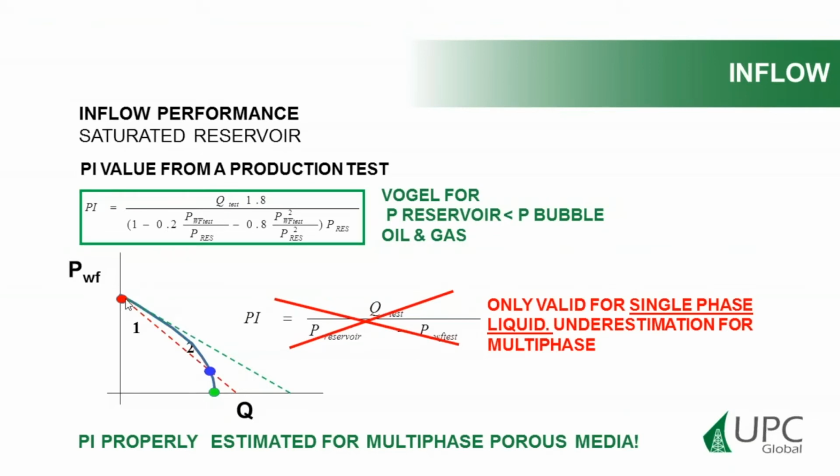When I'm using the right equation, I'm computing this tangent, and I can use Vogel, and I'm going to have the proper inflow curve. If I use the straight line, I'm computing the slope given by the red dash point. That slope, that productivity, is smaller than the green, so you're going to have problems.